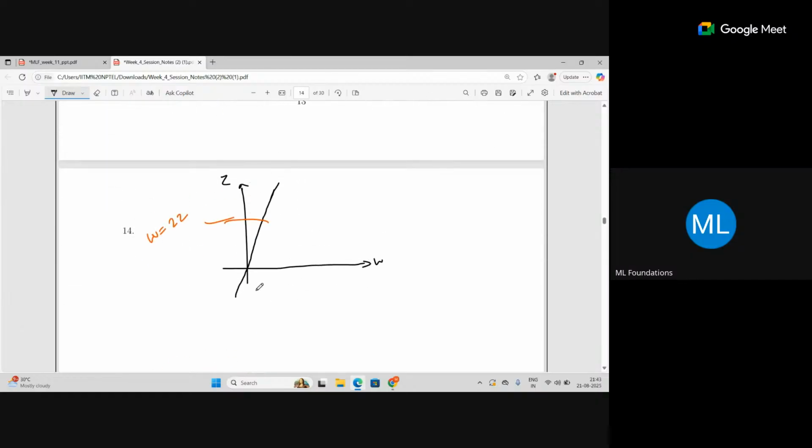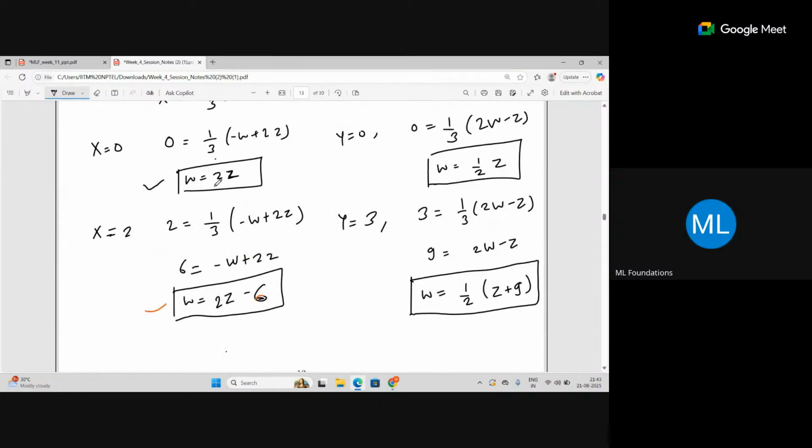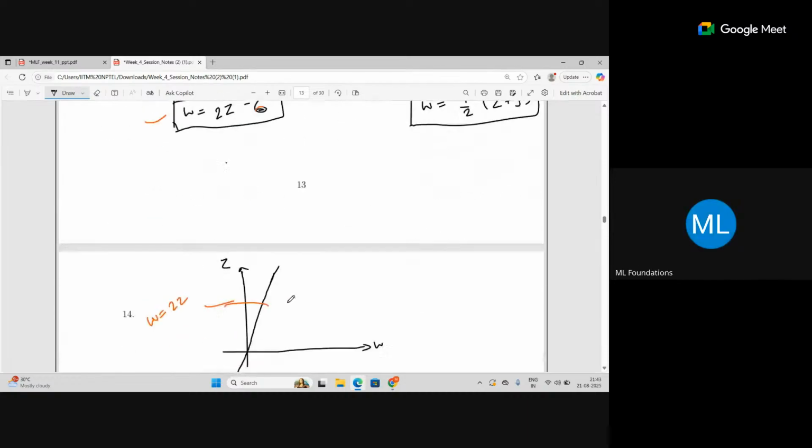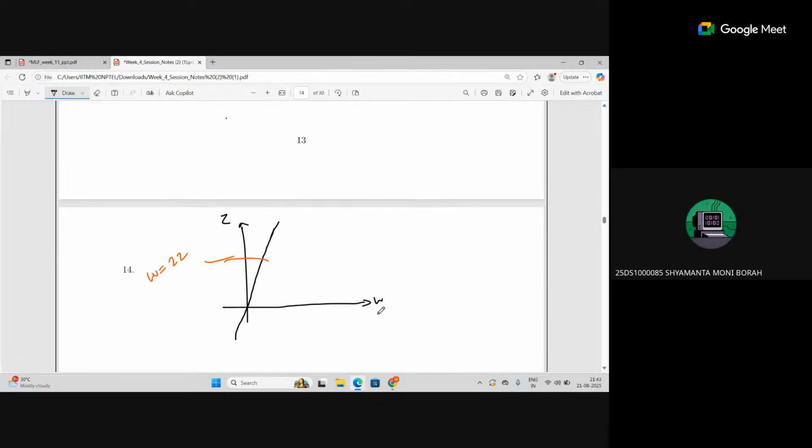So will that line be parallel to this? Now just look at it. What is the slope of this line w equal to 2z and the slope of this line? The slope is the same, slope 2. The only thing is the intercept has changed. So that line will be parallel to this line, right? Only it will cut at the negative of this, not negative, positive, sorry.